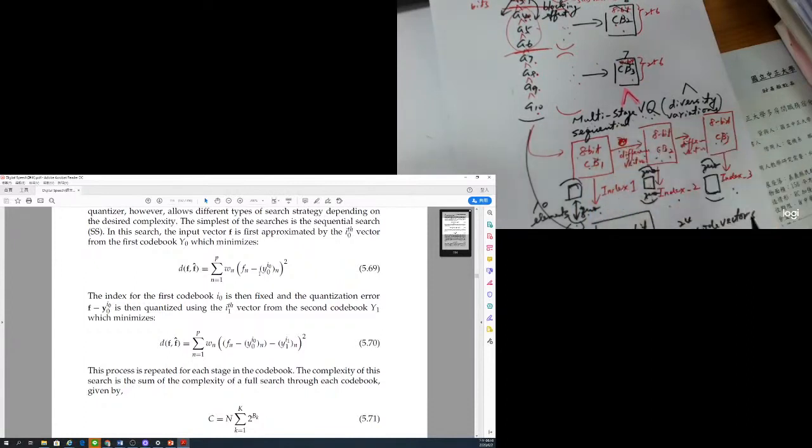Also, you can consider whether we could search them together with two codebooks. If we search together, complexity will be higher, because we select one from the first and one from the second, so the complexity is the product.